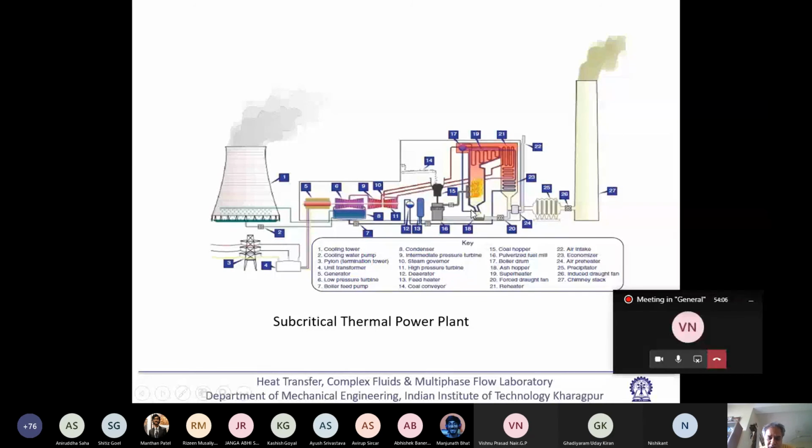Okay. And what does our fuel, I mean, I will leave it within a minute. What does our flue gas do? Burning of coal vaporizes the fluid. So that is the evaporator part of it. It superheats the steam, that is the superheater part.